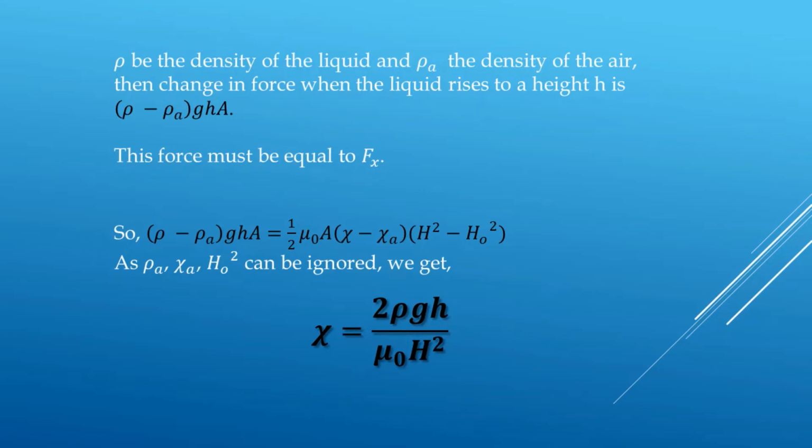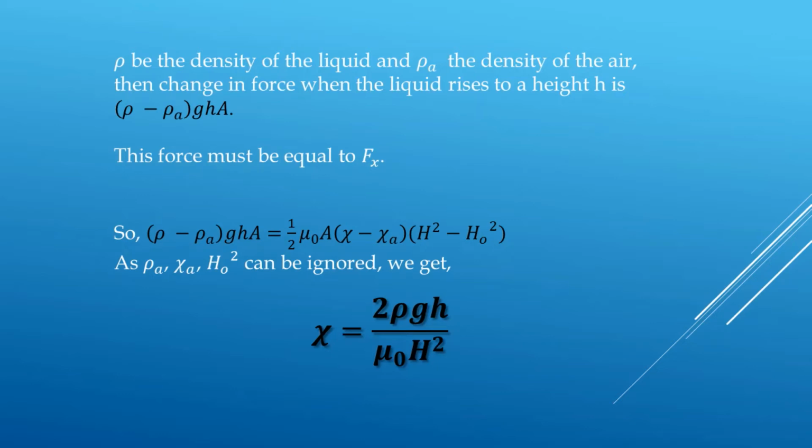So rho minus rho a into g h capital A is equal to half into mu 0 capital A into chi minus chi a into h square minus h0 square.